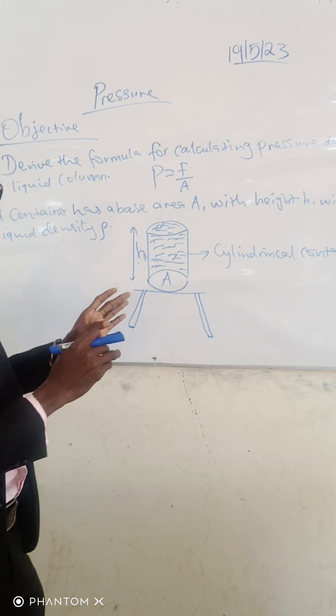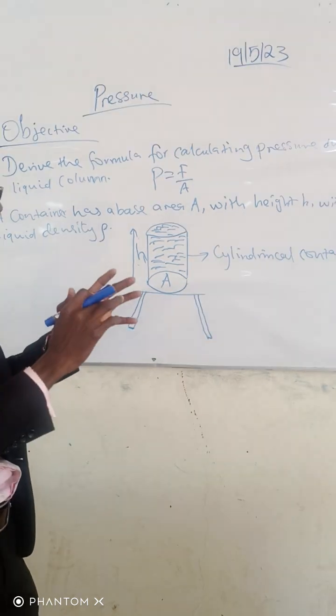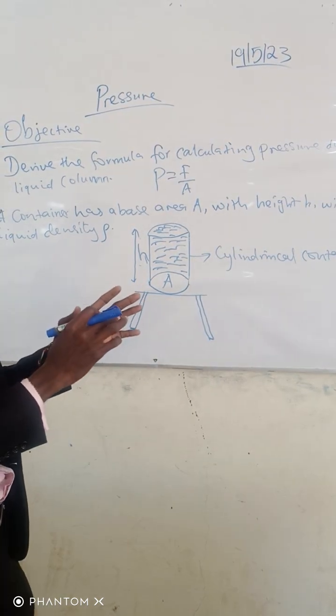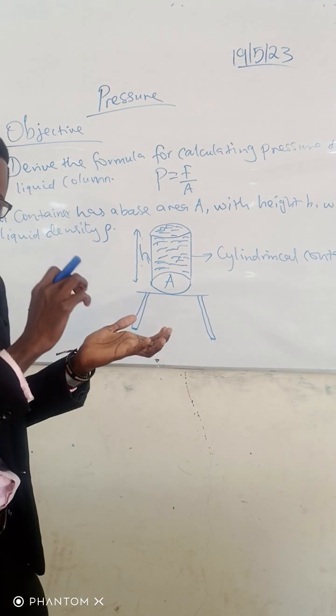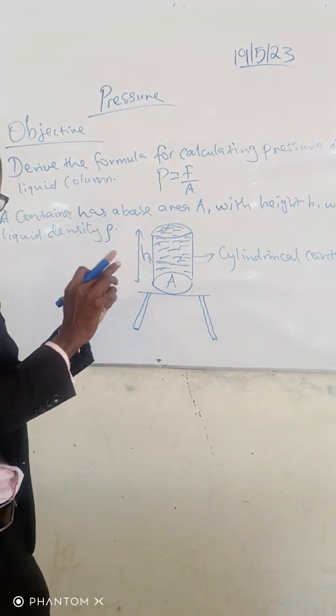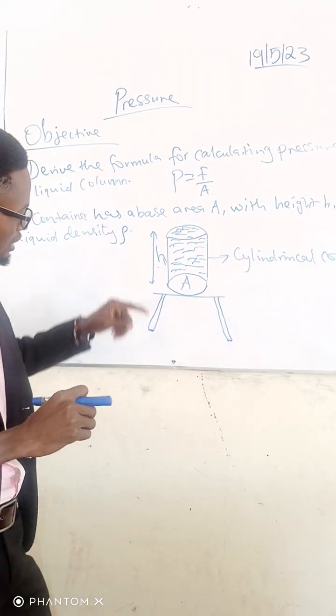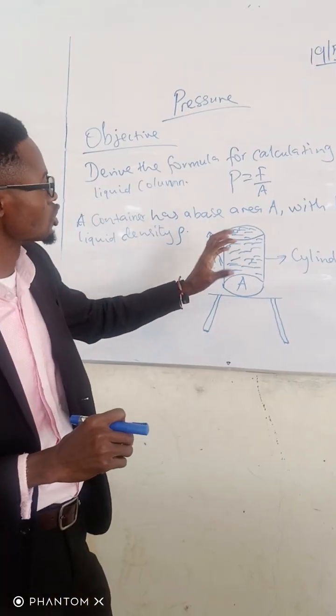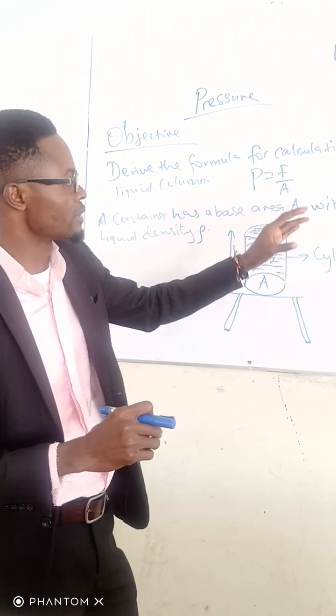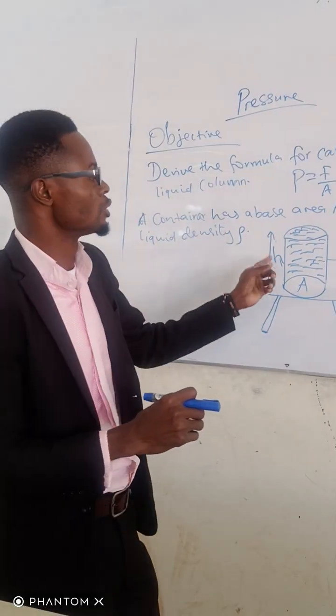We also know that the container itself has its own mass, and we are interested in the volume of the liquid column inside the container. Because for you to derive the formula for calculating pressure due to liquid, you must refer to this container.